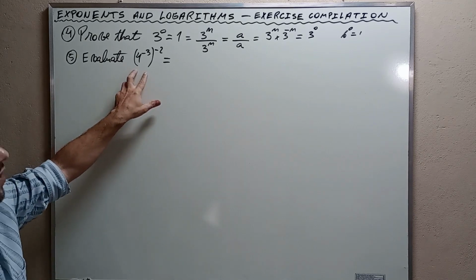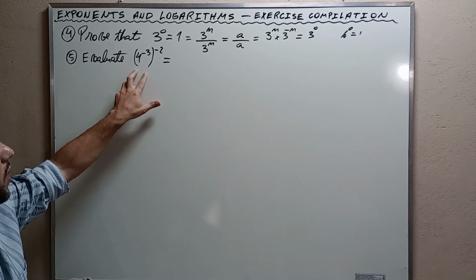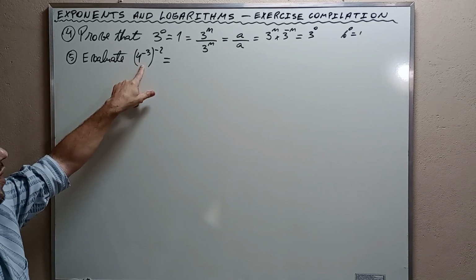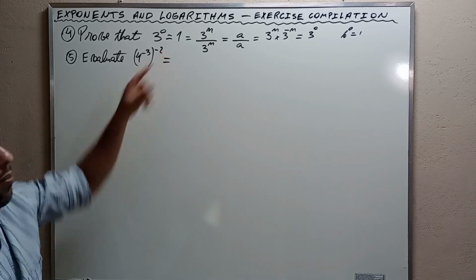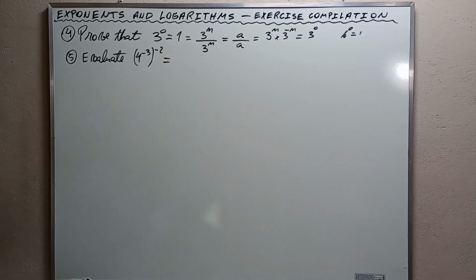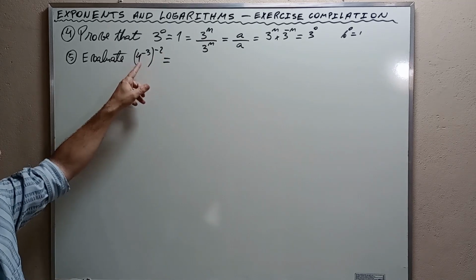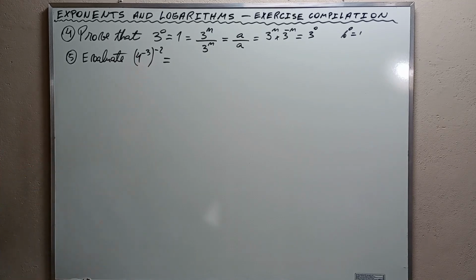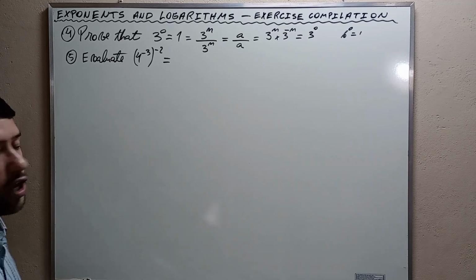You have to understand that these parentheses here mean that the entire number here is being raised to the power of negative 2. It is not only 3. It is 4 raised to the power of negative 3 that's being raised to the power of negative 2. So 4 to the minus 3 is being raised to negative 2. And in this sense, it is multiplication rather than addition.